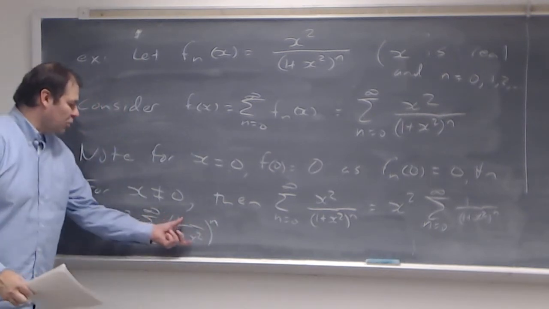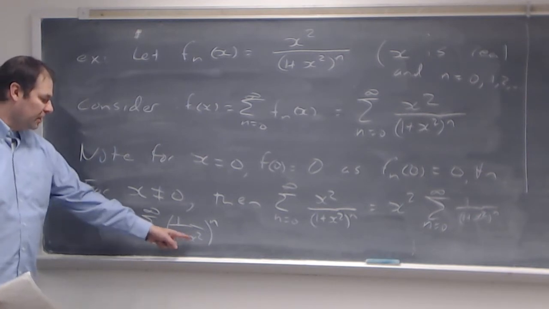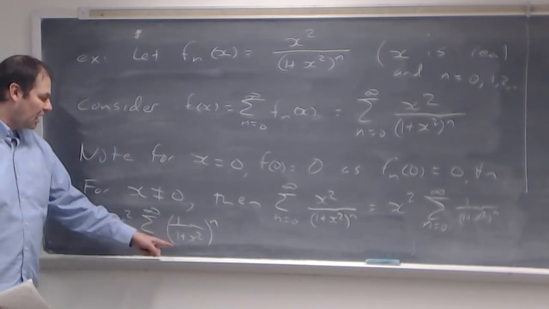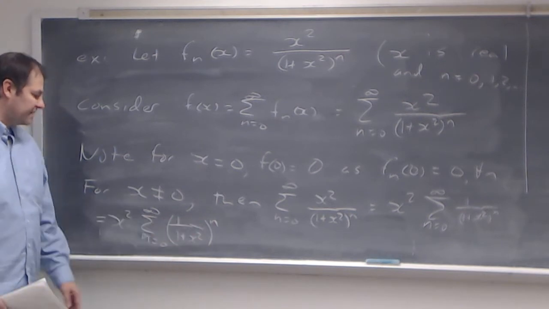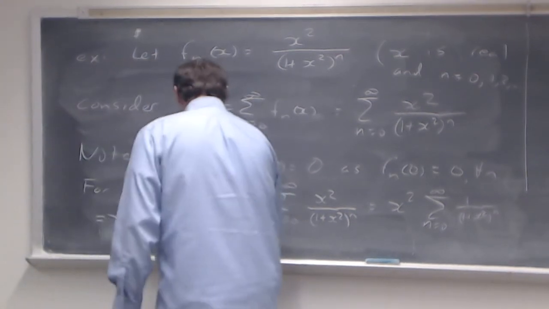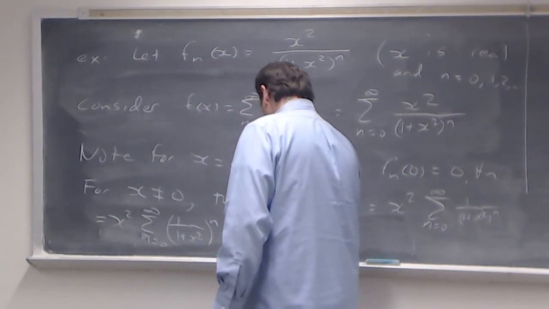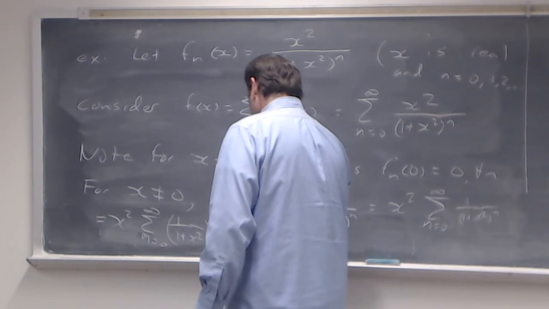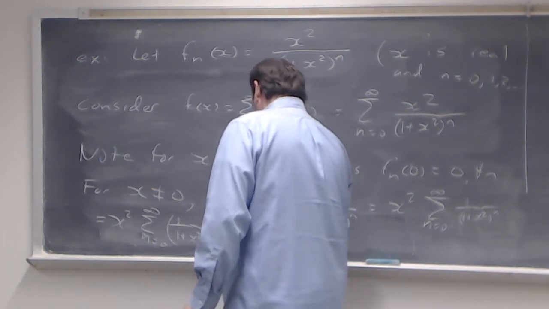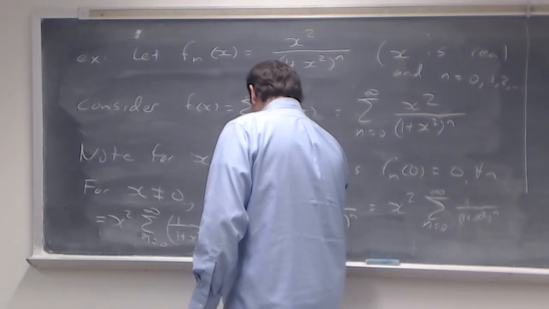Notice that this quantity right here is positive no matter what x is, and we're raising it to the nth power, but it's less than 1. So it converges by the geometric series. What does it converge to? Its first term, which is 1, over 1 minus the ratio.